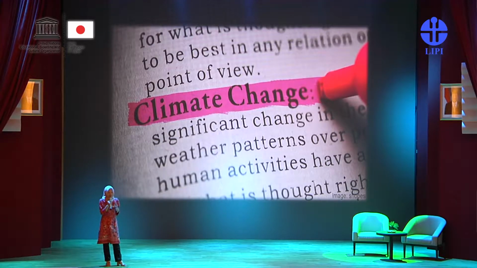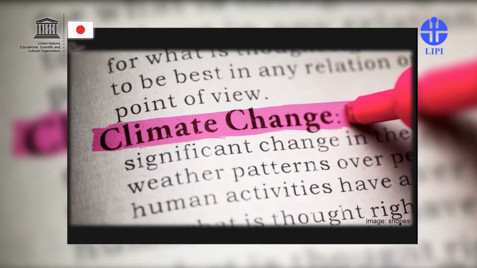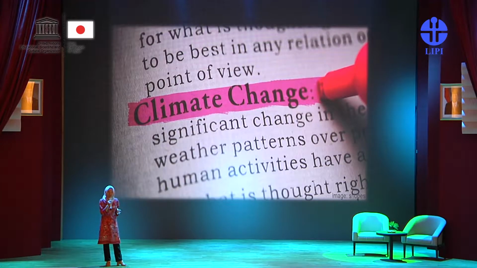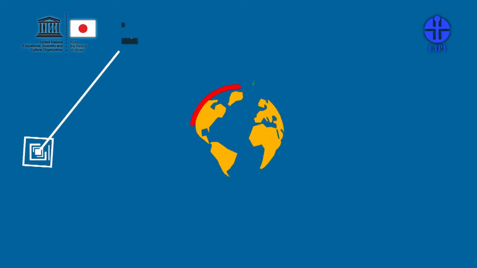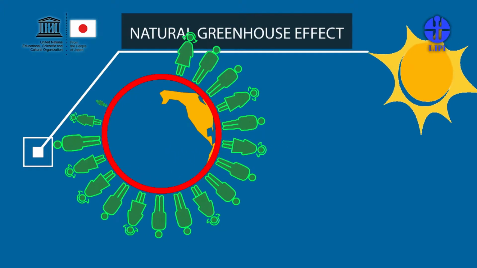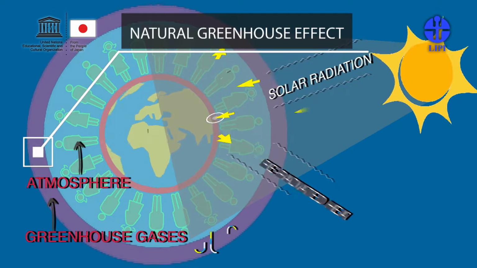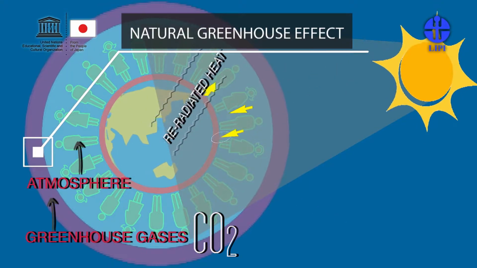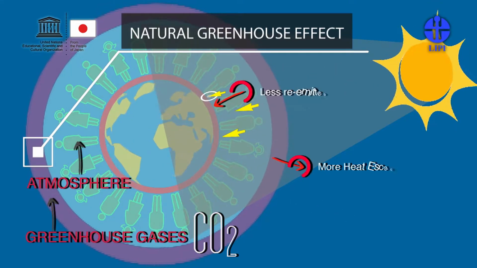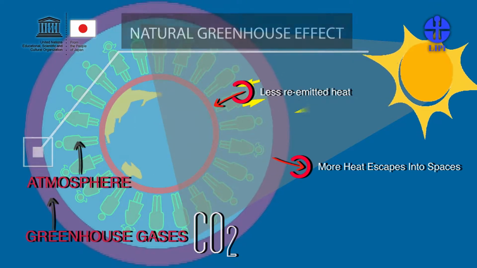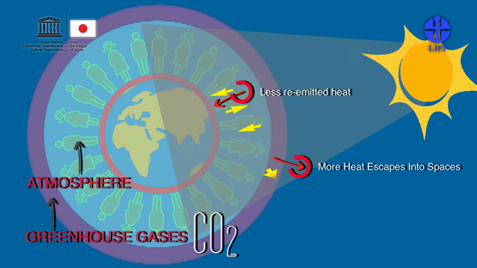But what I want to go through with you is the physics of climate change and where greenhouse gas takes place in this whole story. So here we are on Earth, our planet. We receive energy from the sun, solar radiation, and that is the main driver of our climate system on our planet today.